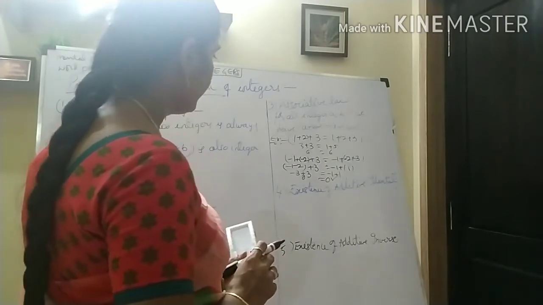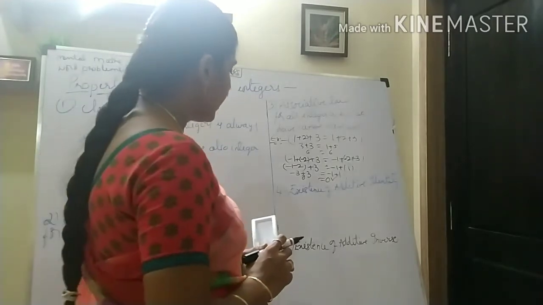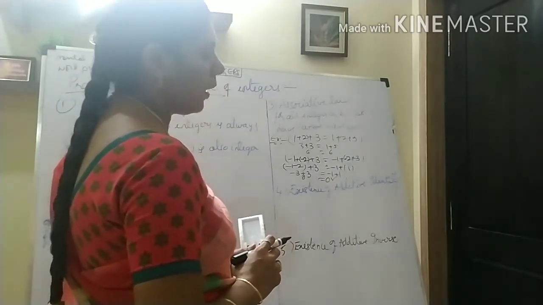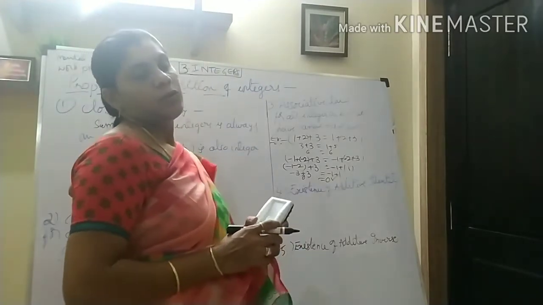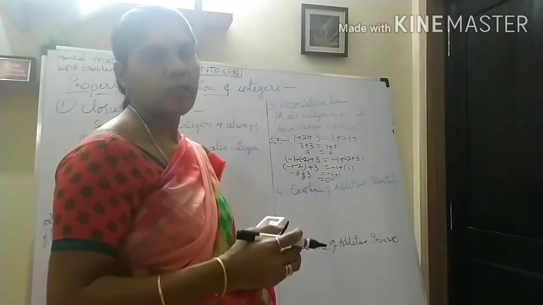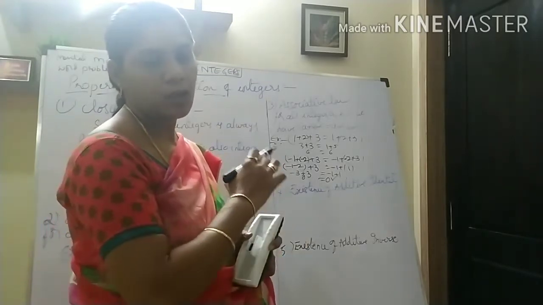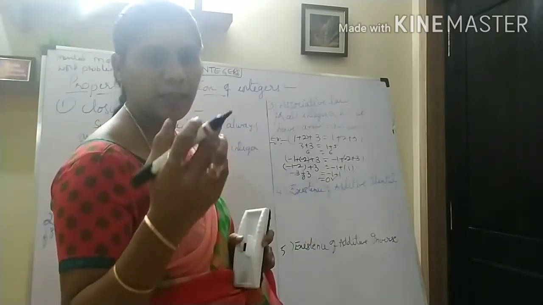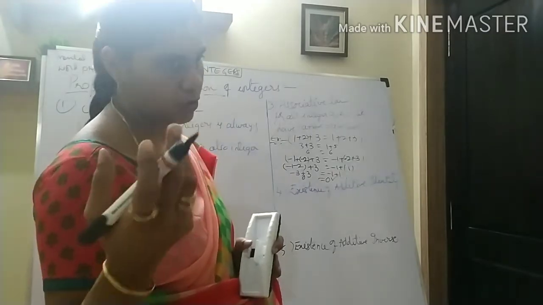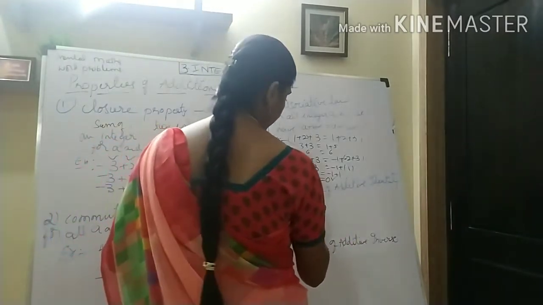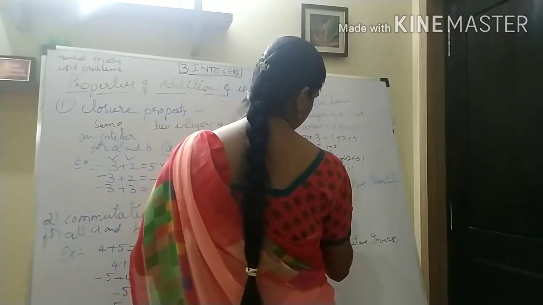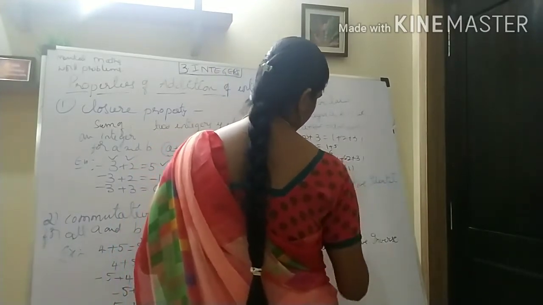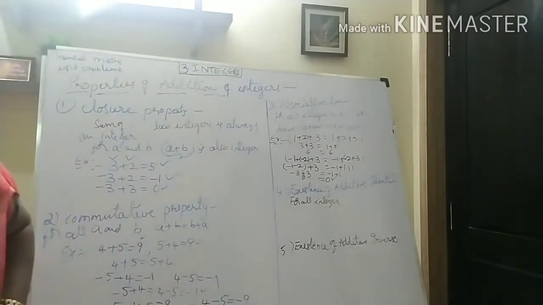Clear? See the next one. Existence of additive identity. What does additive identity mean? If you add 0 to any number, you will get that number only. Here we are talking about integers. So I am taking any integer, for all integers.